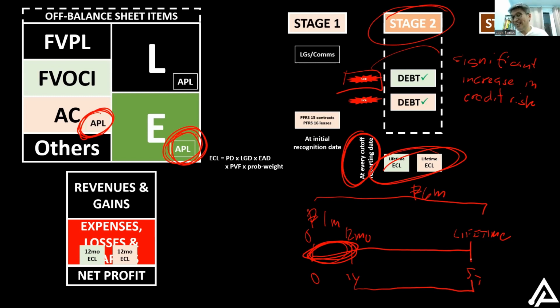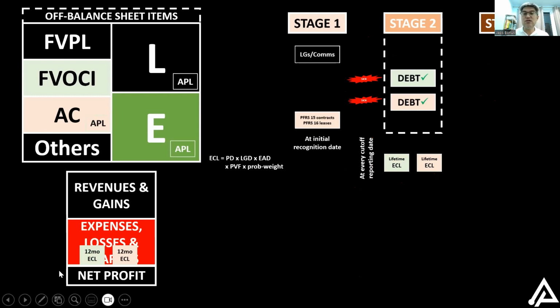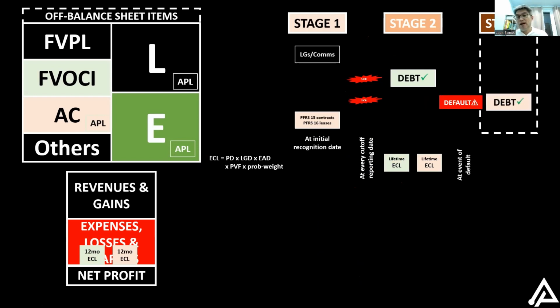Kasi you have to look at the entirety. Dahil tumaas na yung credit risk mo, there is a significant increase in credit risk. You now have to capture that additional risk to the company. Now, wala pang default yun. Increase lang yung credit risk from initial recognition date all the way up to reporting date.